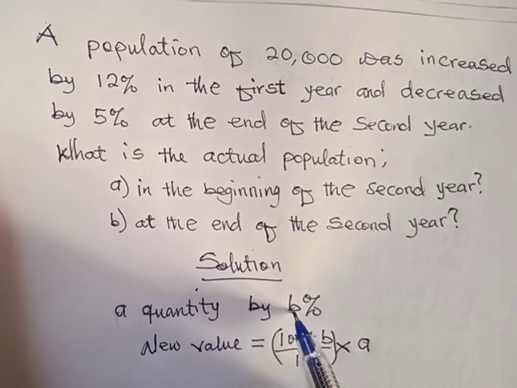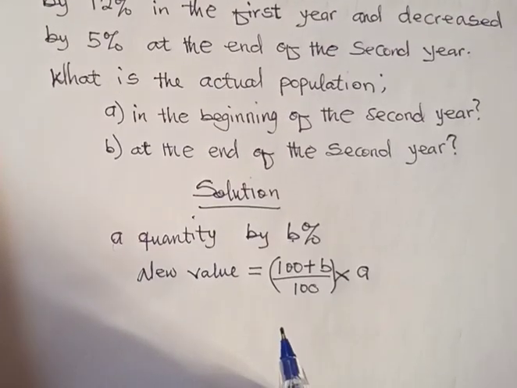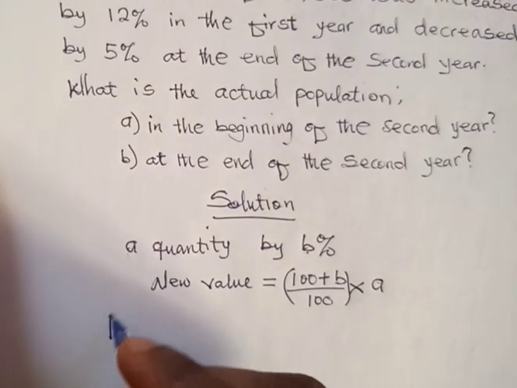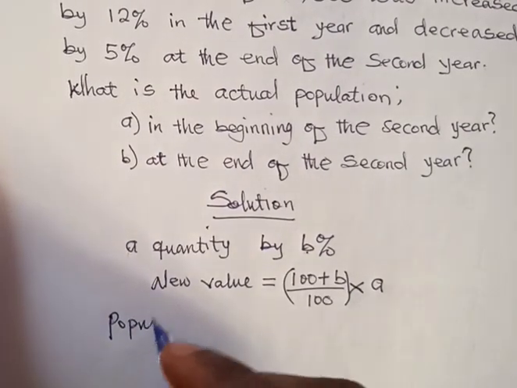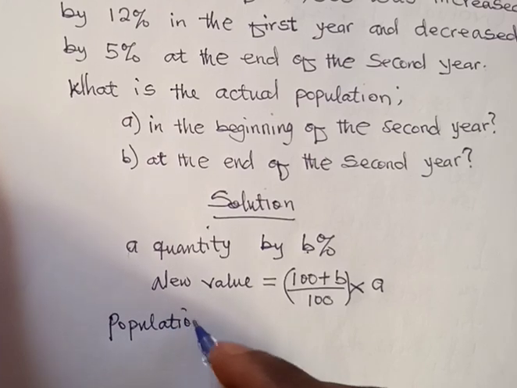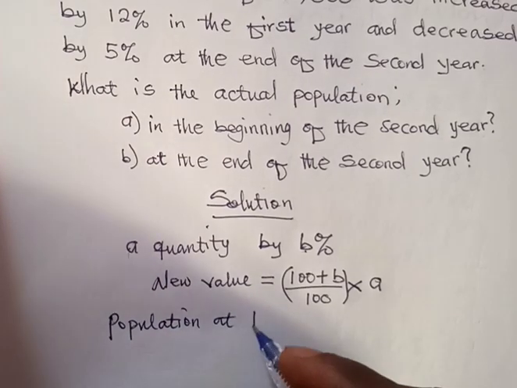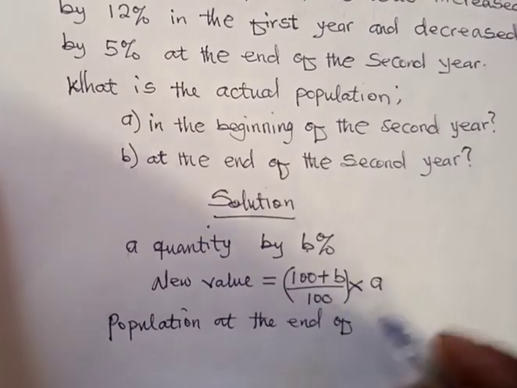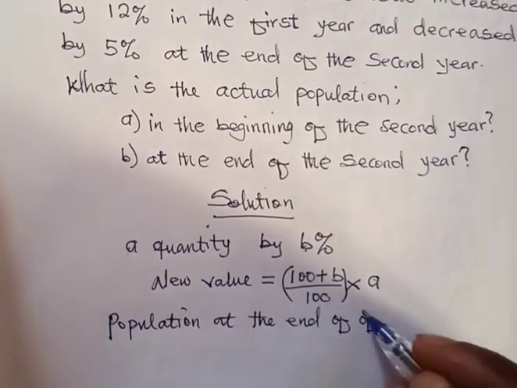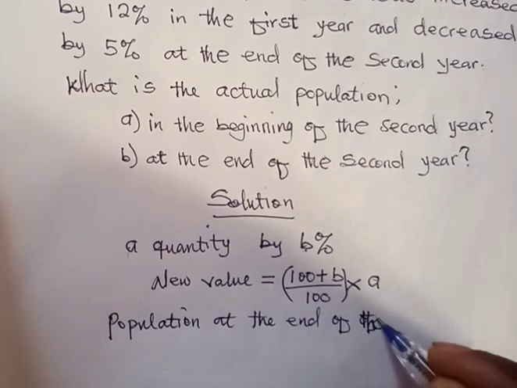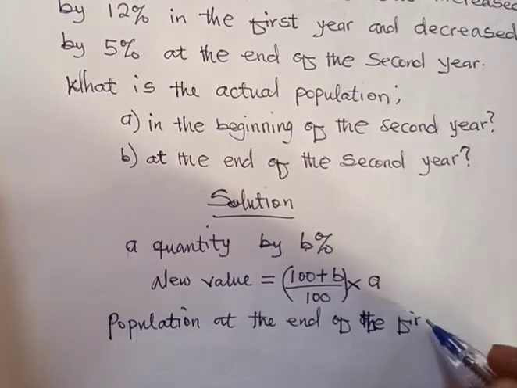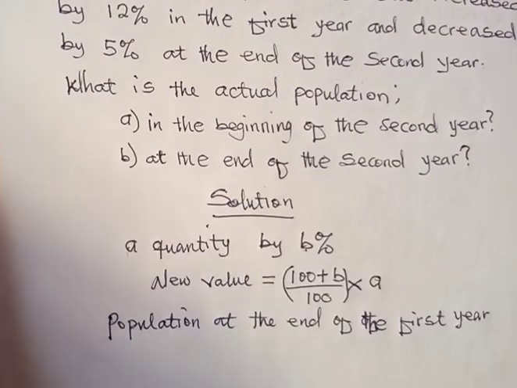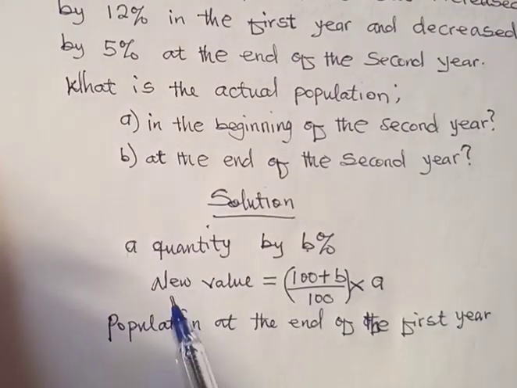Looking at this, okay, I will only do substitution. So I'm going to find the population at the end of the first year. So that will be the new value.